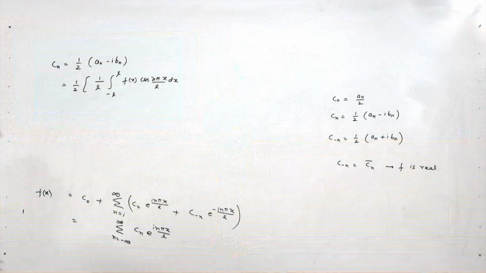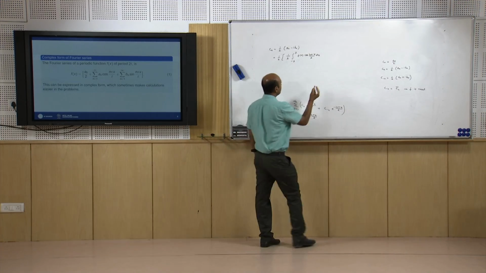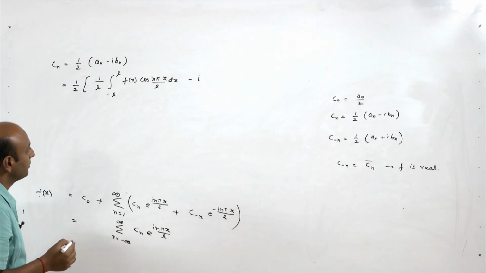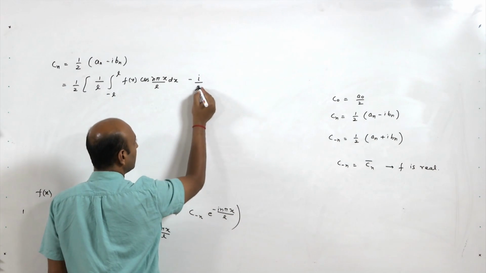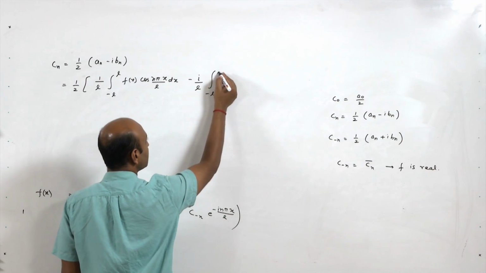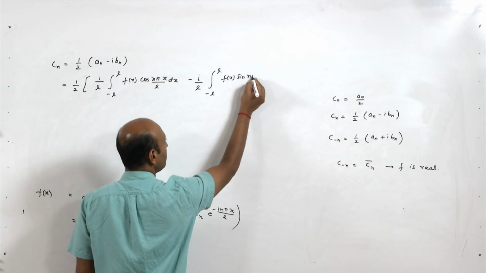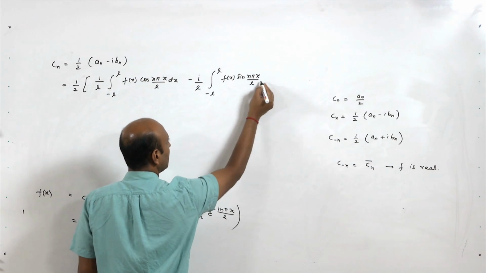This is by definition of a_n. And minus i times b_n, what is b_n? b_n is 1/L integral from minus L to plus L f(x) sin(n pi x / L) dx.